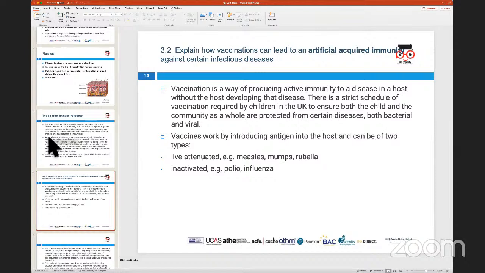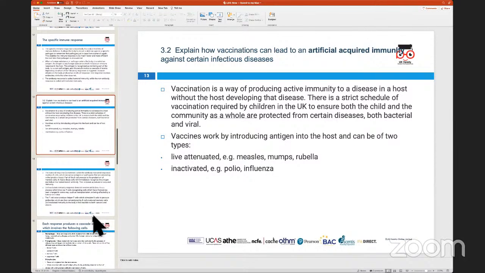This helped the memory cells to remember that if this particular virus enters the human body, the memory cells start producing the B and T cells, and they neutralize the infection caused by the virus, bacterium or, in this case, a pathogen in the human body.